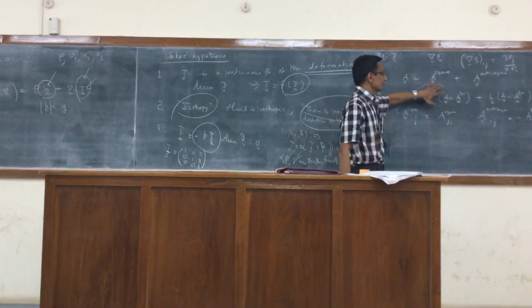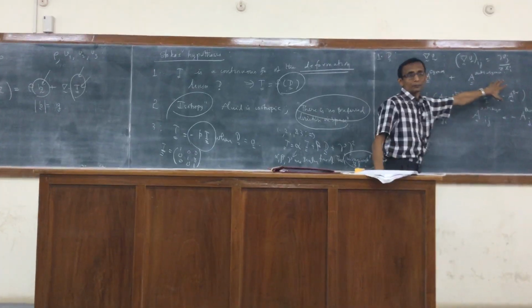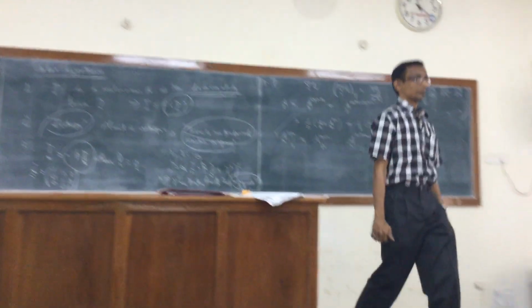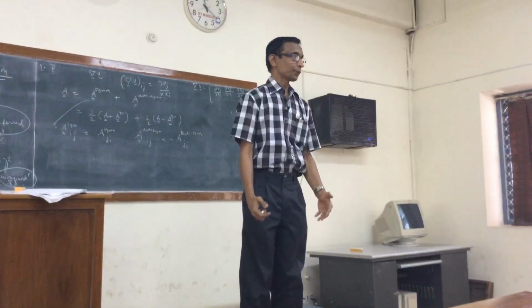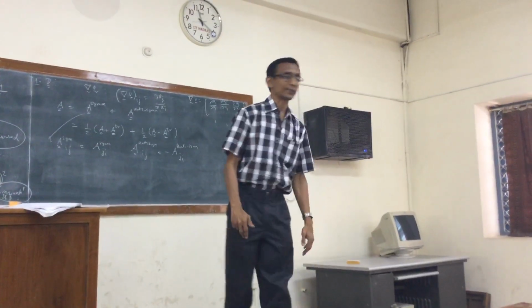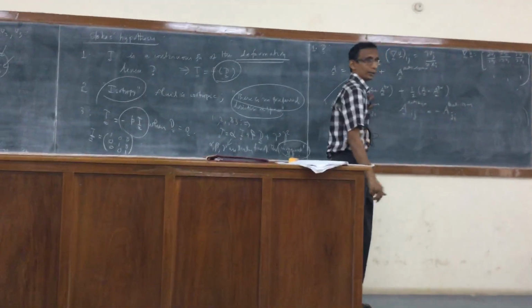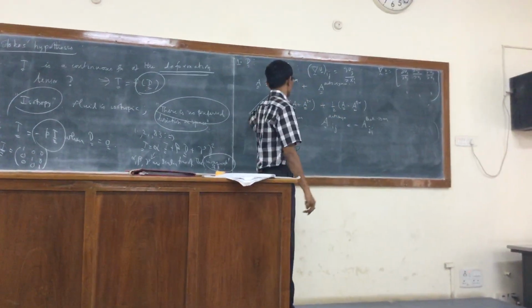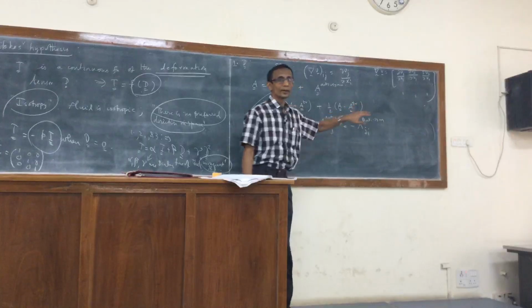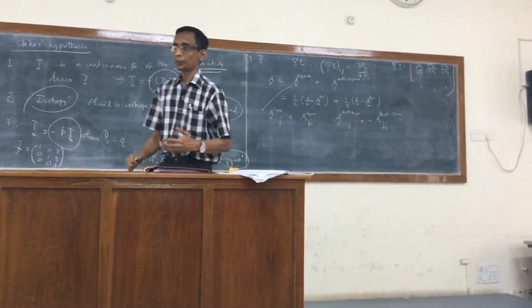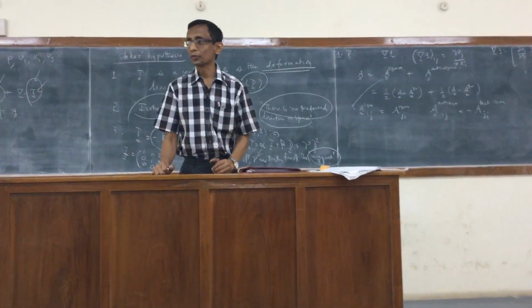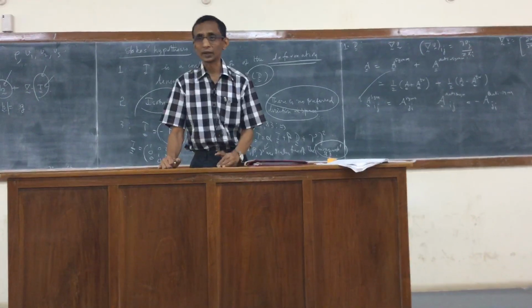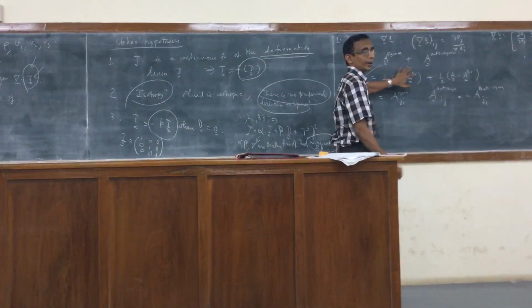It's very easy to see that the two of them together add up to A. I have half A, another half A, so it adds up to A. This is half A transpose minus half A transpose. It also adds up to 0 actually. So the net result is A.